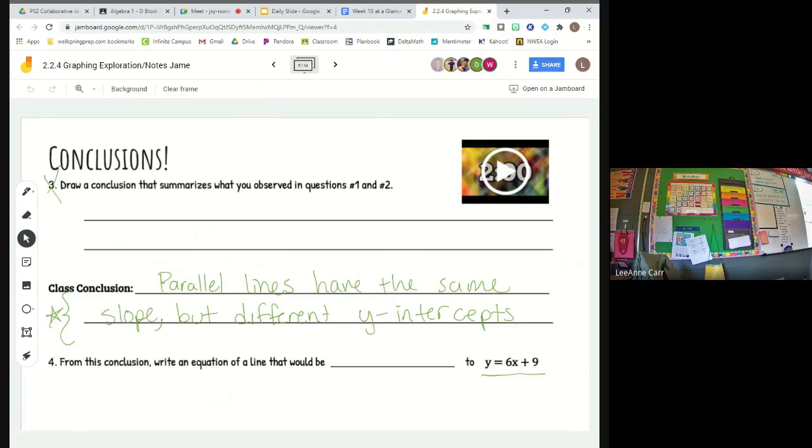You don't have to solve anything. You're coming up with your own equation. So just looking at that, out of the 6 or the 9, which one's your slope? Yeah, the 9 is your y-intercept. So when you write your own equation, the only thing that has to stay the same is that y equals 6x. You can have whatever number you want in.